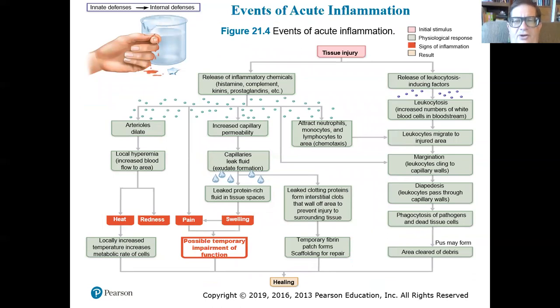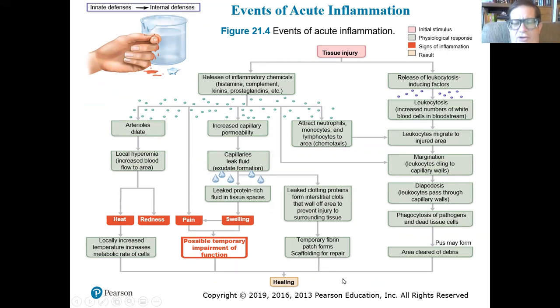All right, so here we have the events of acute inflammation. It's a flow chart. It's pretty basic. It goes over the things that we talked about so far. Innate defenses, internal defenses. The inflammation response is right here.